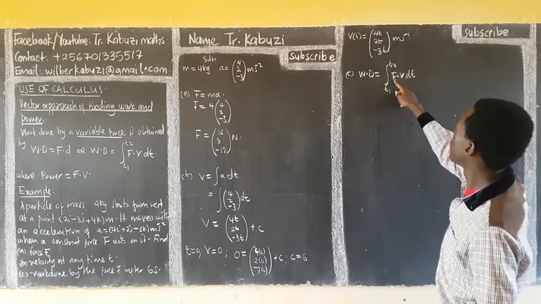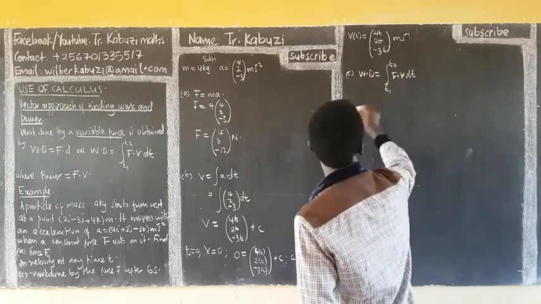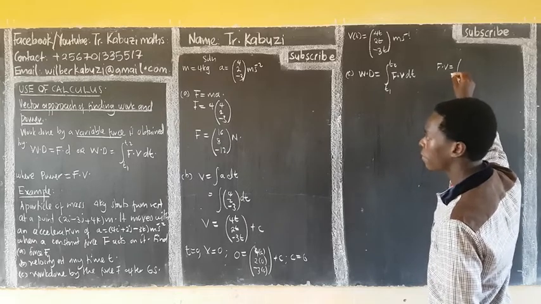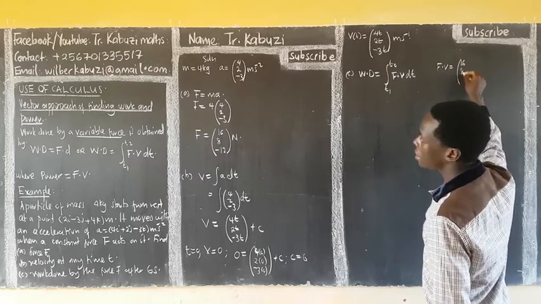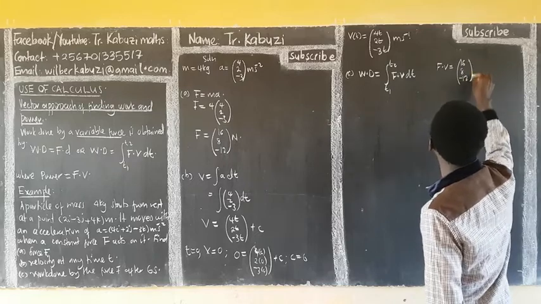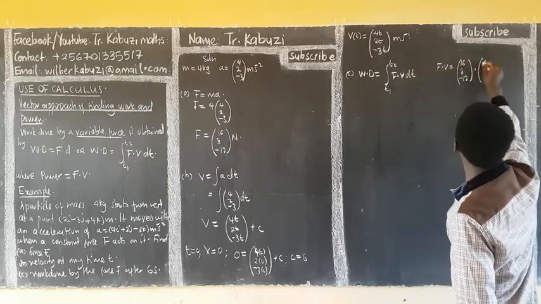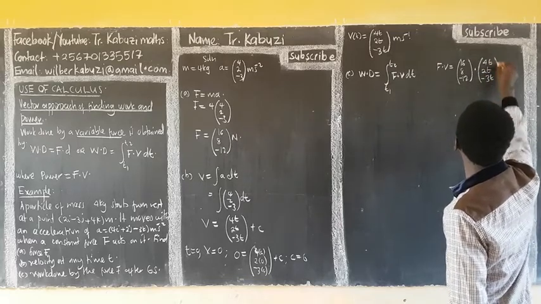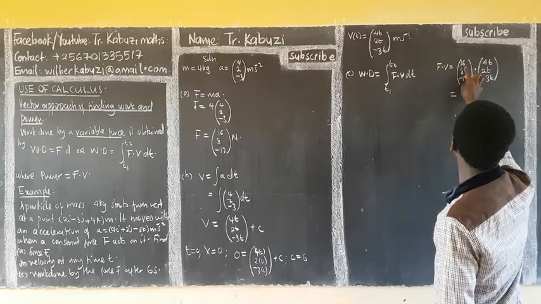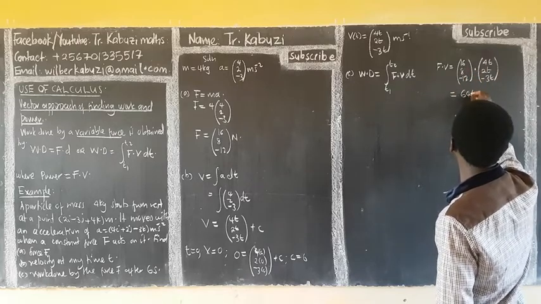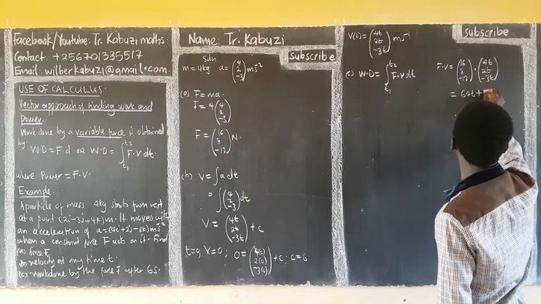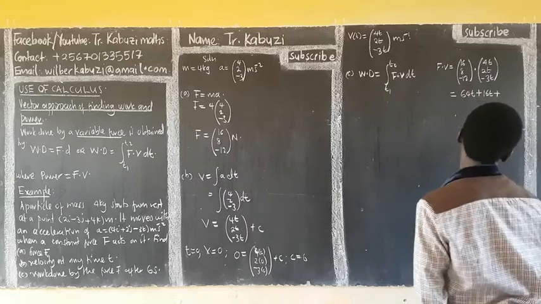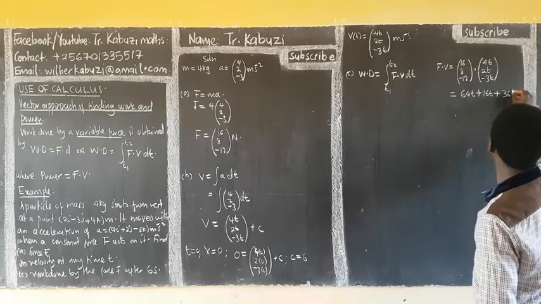First of all, we need to get F dot V. Our force is (16, 8, -12), dotted with V, which is (4t, 2t, -3t). This gives 64t, plus 16t, and minus times minus gives a positive, 12 times 3, that is 36t.